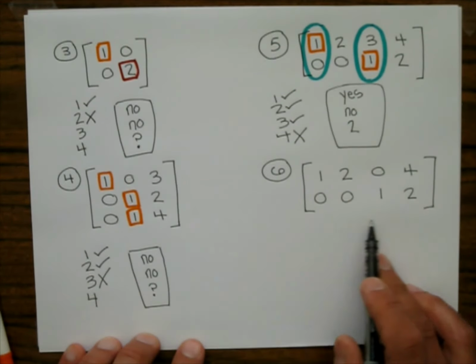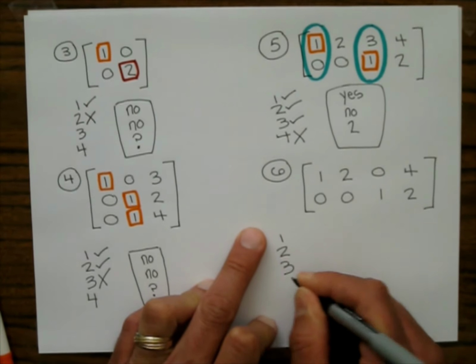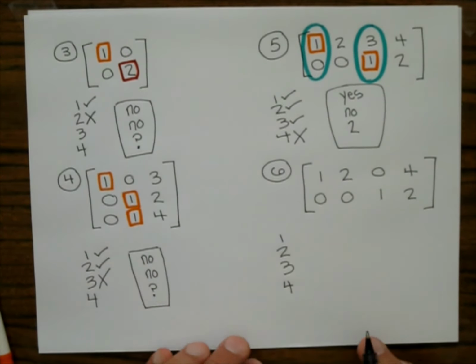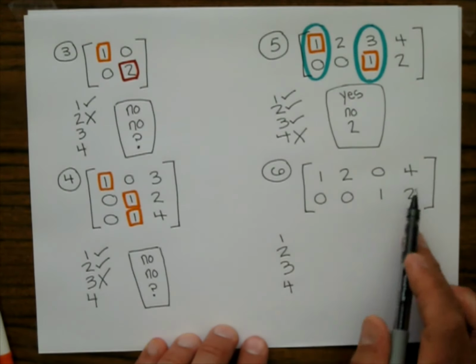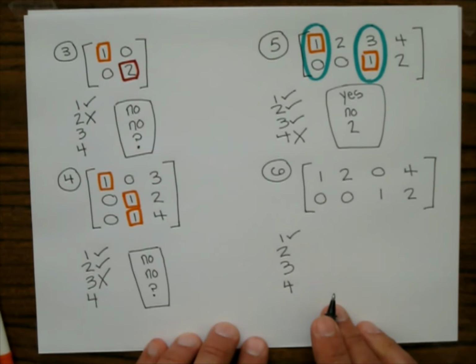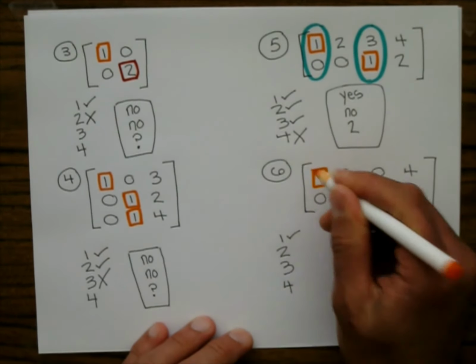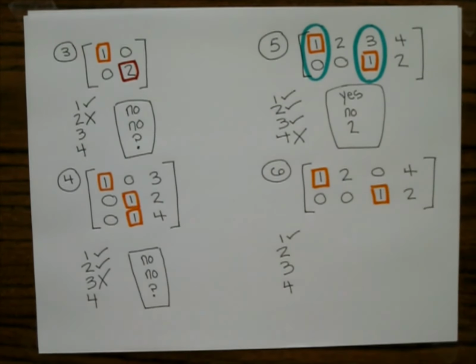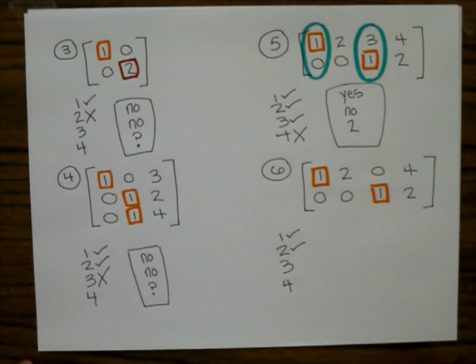Let's go ahead and do number 6. Here are the 4 conditions. Let's check them. If there are any rows consisting entirely of zeros, we don't have that, so that's satisfied. The first non-zero element in any non-zero row is a 1, and it looks like we have that, so condition number 2 is satisfied.